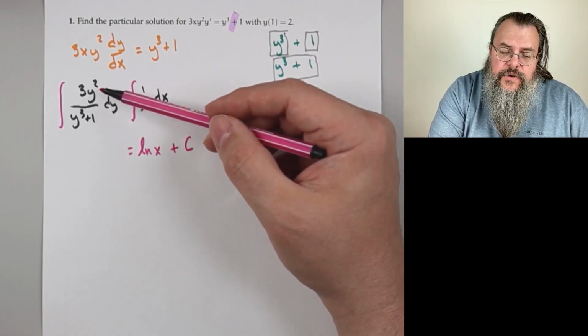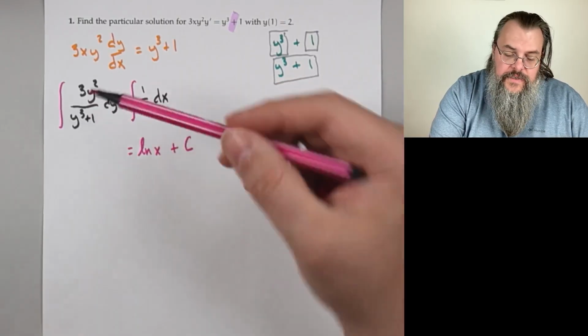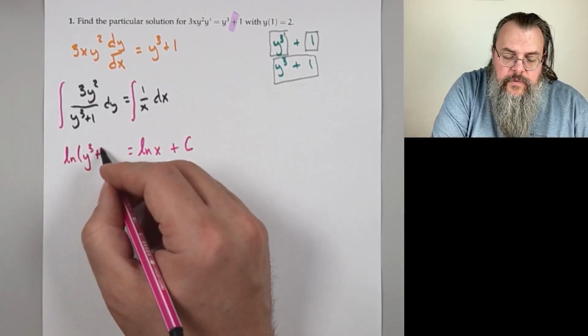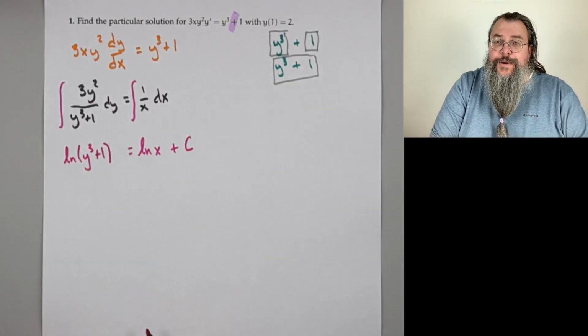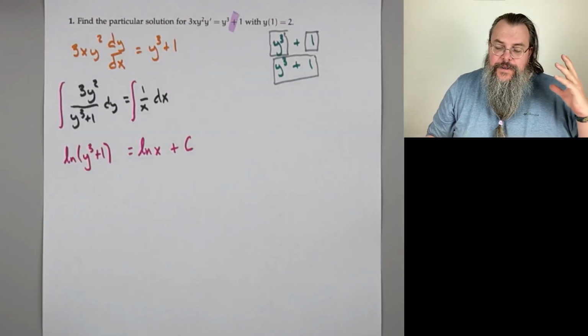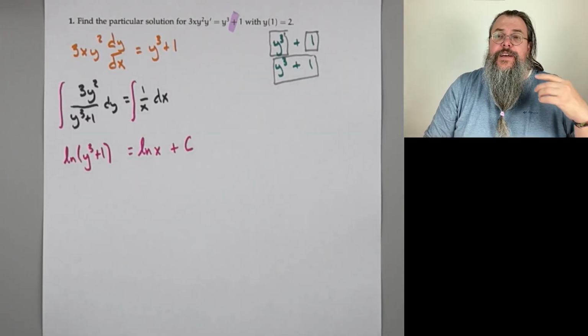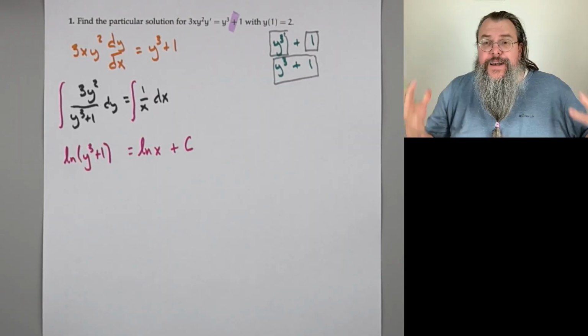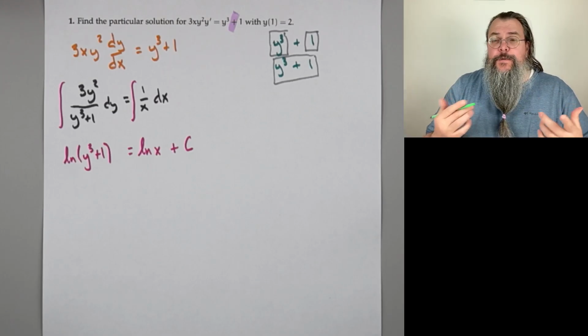So this is du over u. That means this is a log of y cubed plus 1. And now we're doing great. We've separated and we've integrated. Now we just need to uncomplicate, which means solve for y.